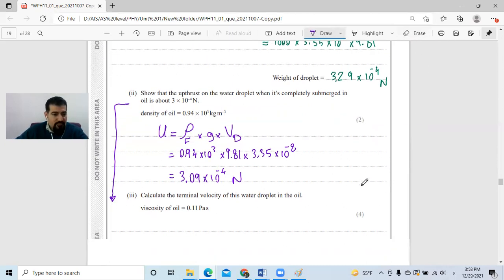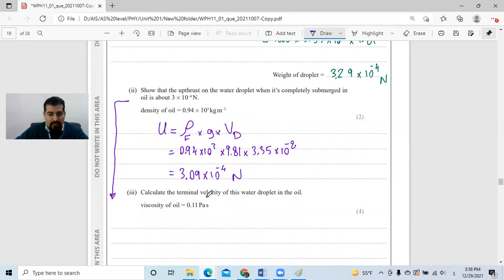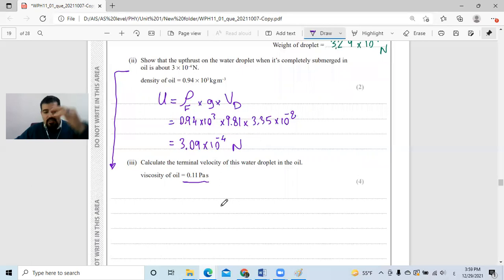So next, calculate the terminal velocity of this water drop in the oil. The viscosity of the oil, they give it to us, is 0.11 pascal seconds. Now, since the water drop is falling down, that's the weight. What are the forces acting on it in the opposite direction? It's the drag force plus what? The upthrust. Exactly. So in this situation, we have to use Stokes' law. Drag plus the upthrust is equal to the weight.